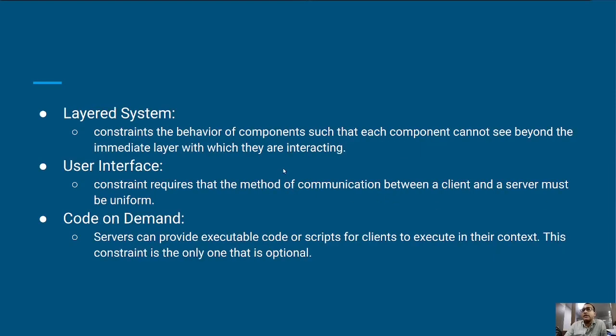That means this constrains the behavior of components, such that each component cannot see beyond the immediate layer with which they are interfacing. Another constraint is the uniform interface. This constraint requires that the method of communication between the client and the server must be uniform. Another one is code on demand. That means servers can provide executable code or scripts for clients to execute in their context.